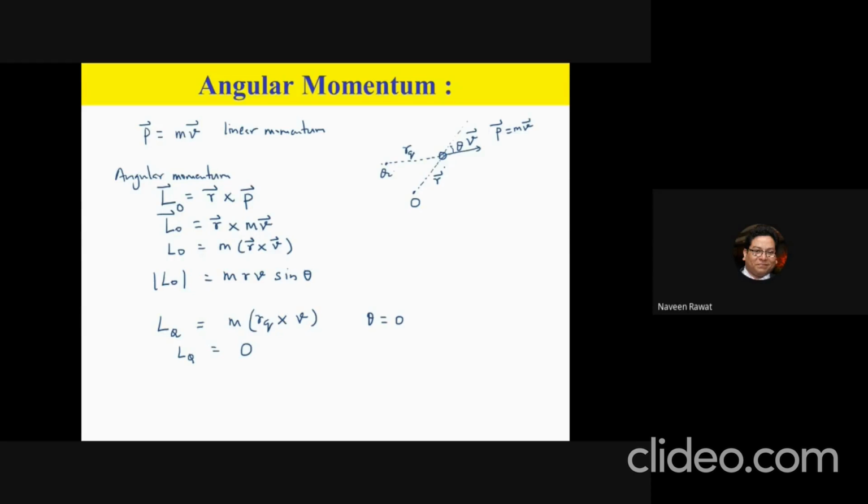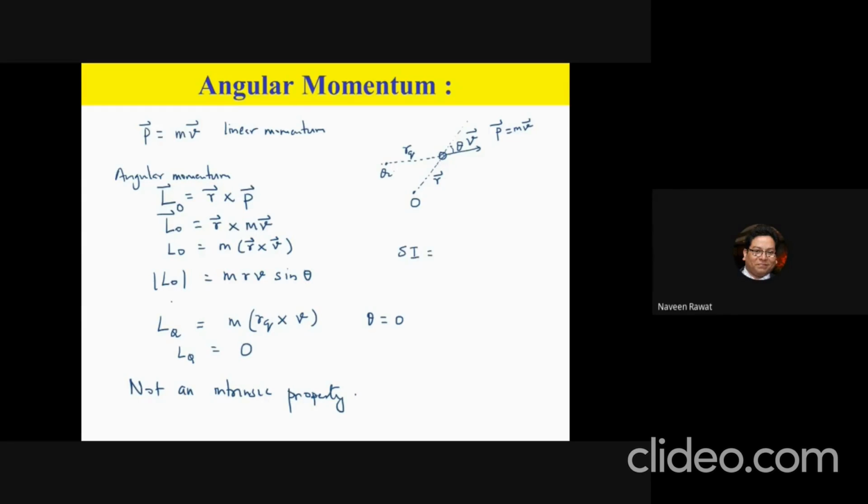Linear momentum, if an object is moving, is like an intrinsic property; it doesn't depend on other factors. However, angular momentum is not an intrinsic property. So you have to always define the axis and the origin from which you are calculating your value of angular momentum.